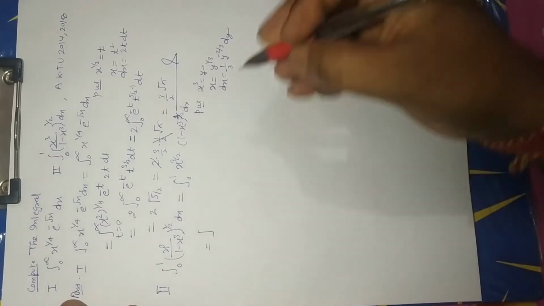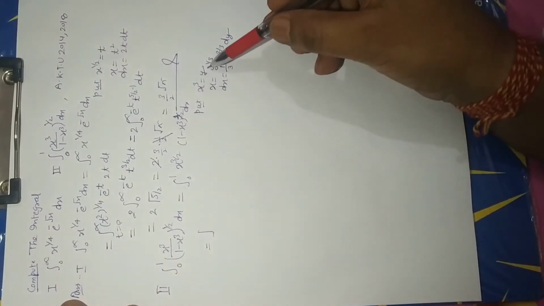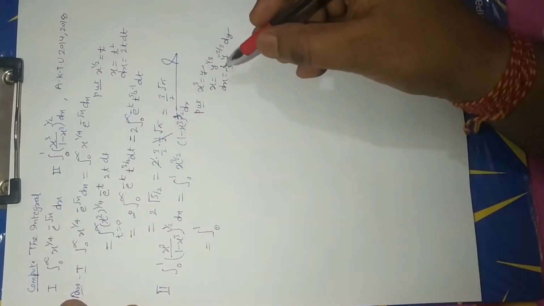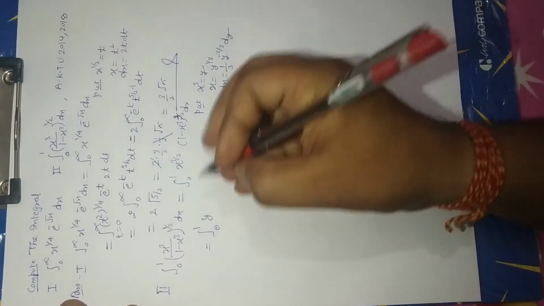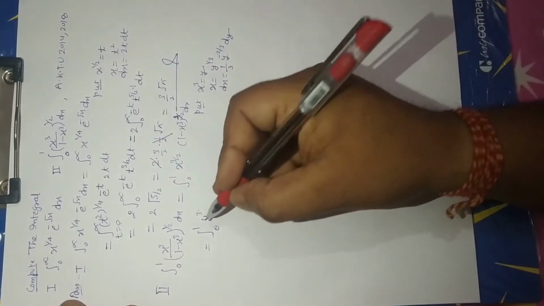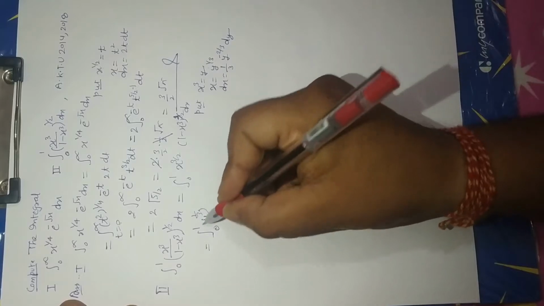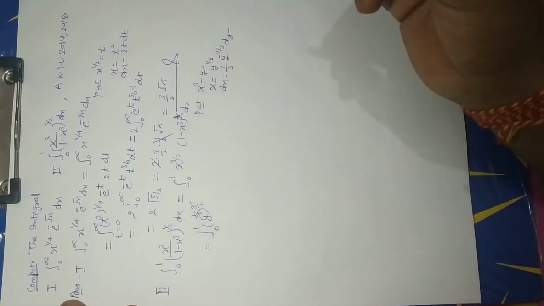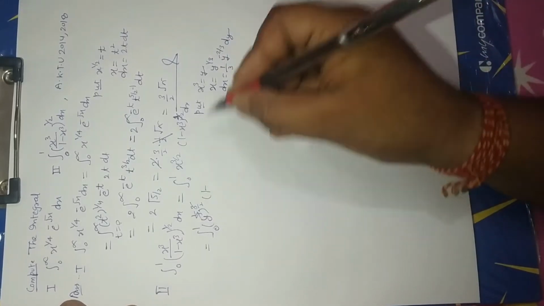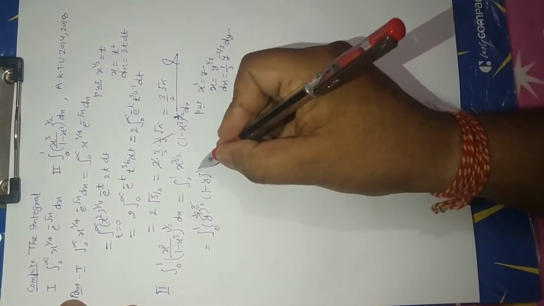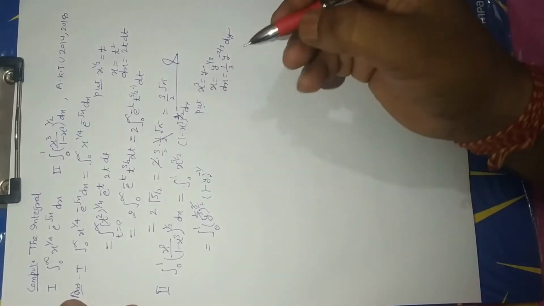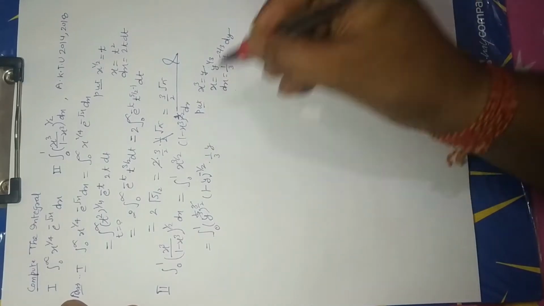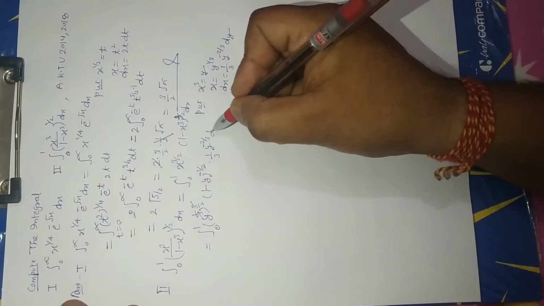Now limit of y: x equal to 0, y equal to 0; x equal to 1, y is equal to 1. x to the power 3 by 2 is y to the power 1 by 3 whole power 3 by 2, (1 minus y) whole power 1 by 2, 1 by 3 y to the power minus 2 by 3 dy.